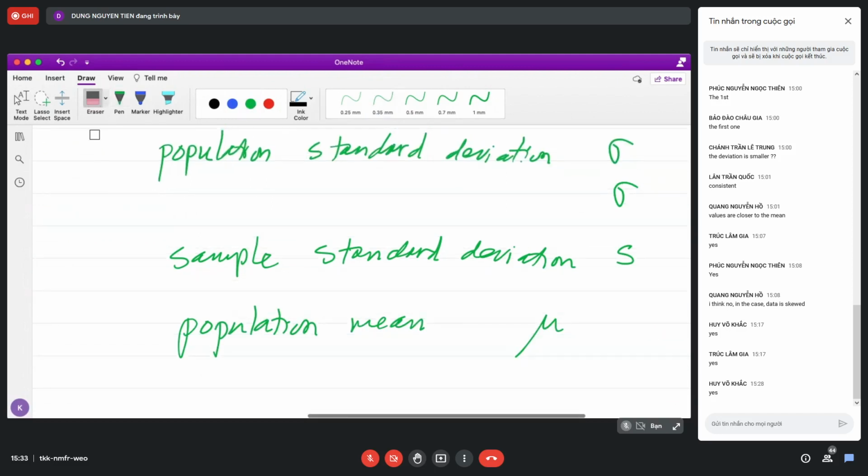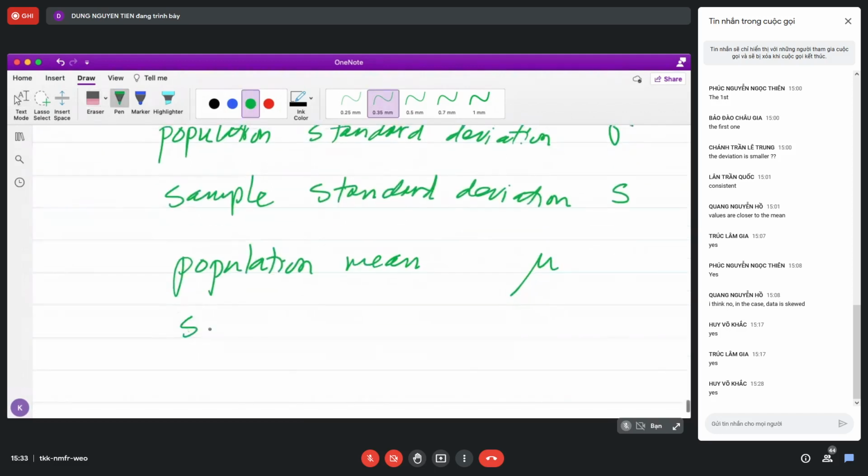If you use the word sample mean, that is X bar. Okay? Is it okay? Good.